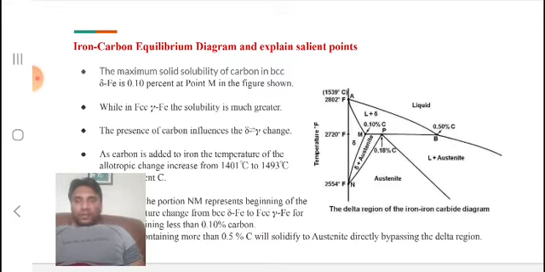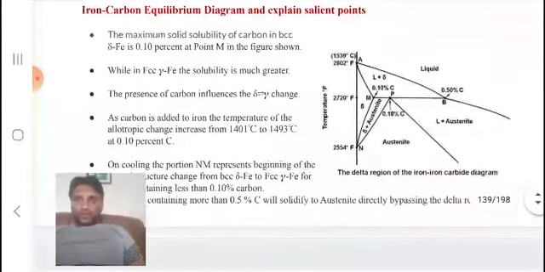The maximum solid solubility of carbon in gamma iron is 2.11% at the max. So the presence of carbon influences the change from delta phase to gamma phase. As carbon is added to iron, the temperature of the allotropic change increases from 1401 degrees centigrade to 1493 degrees centigrade at 0.1%.